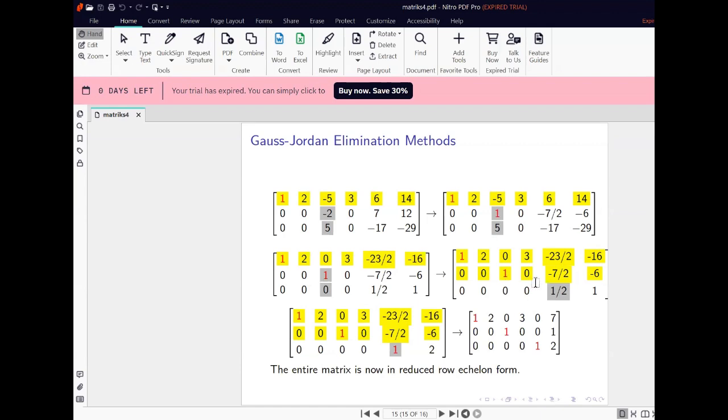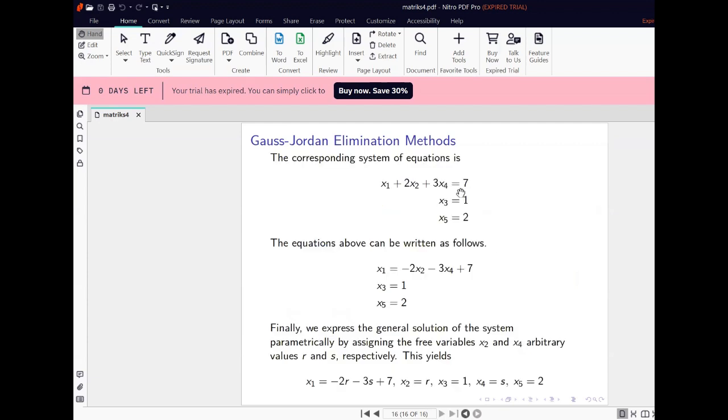After that, you see again the leading one, so you have to make these entries 0. So our job is finished, making it row reduced echelon form. The solution is the same as the previous method: x1 is equal to minus 2 x2 minus 3 x4 plus 7, x3 is equal to 1, and x5 is equal to 2.